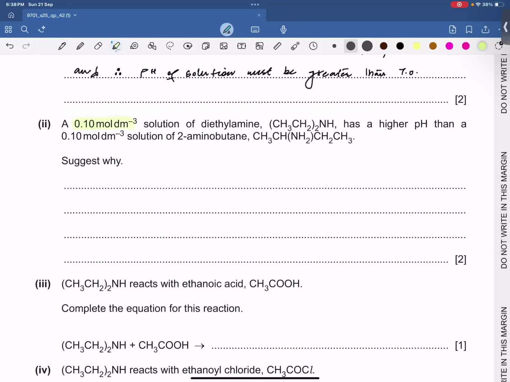Next, a 0.1 mole per dm cube solution of diethylamine has a higher pH than a 0.1 mole per dm cube solution of 2-aminobutane. Now look, both solutions have the same concentration, but one has a higher pH and the other has a lower pH. This one has a higher pH because this compound contains two electron donating alkyl groups. So this compound has a stronger positive inductive effect as compared to this compound.